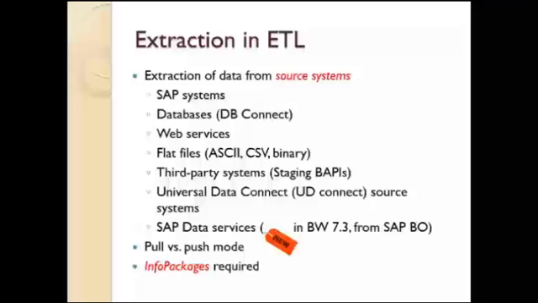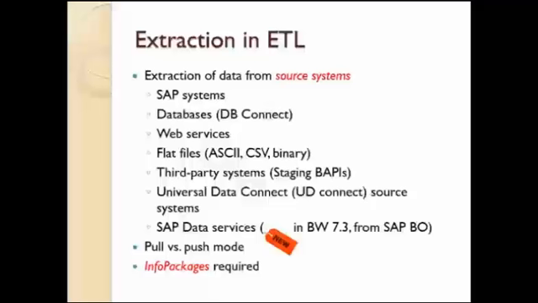So if BW initiates data import, then it's called the pull mode. Data is being pulled into BW using different methods. Different types of data can be extracted or pulled into BW using different interfaces. The most common ones are shown at the top there.